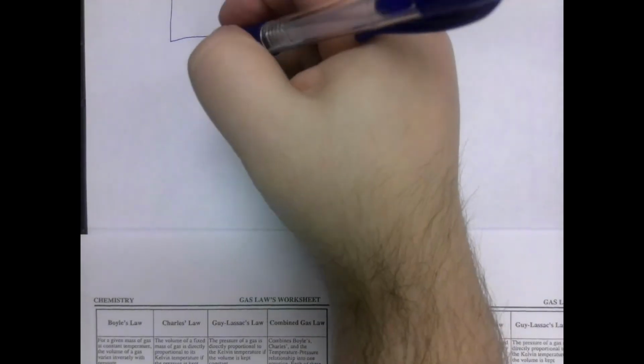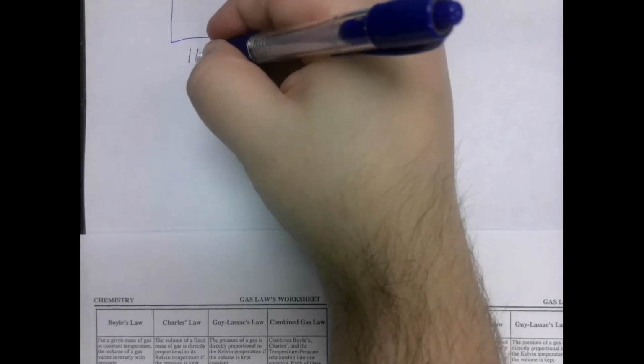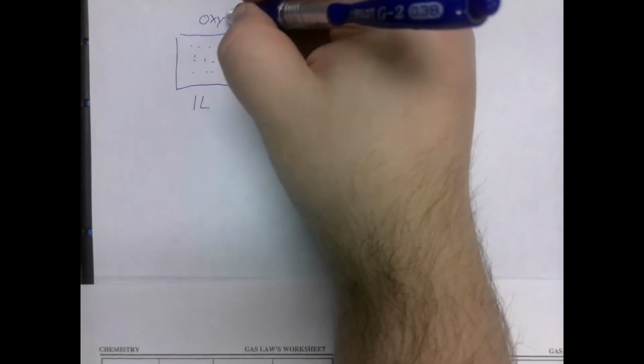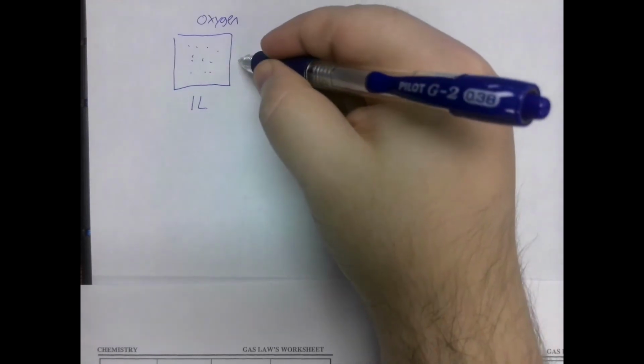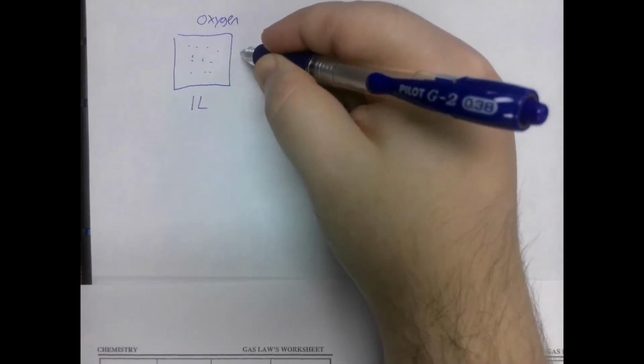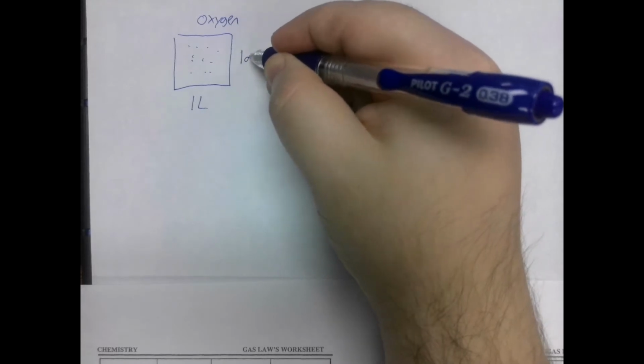So what this states is if you have, for example, let's do a 1 liter container full of oxygen, and the pressure inside of it is, let's say, 1 atmosphere.